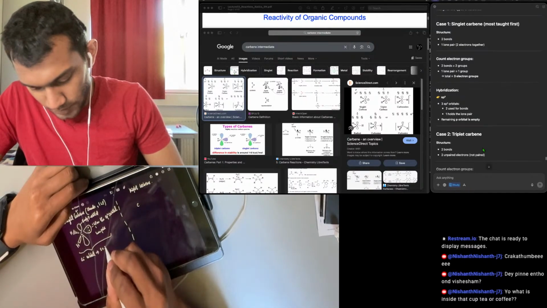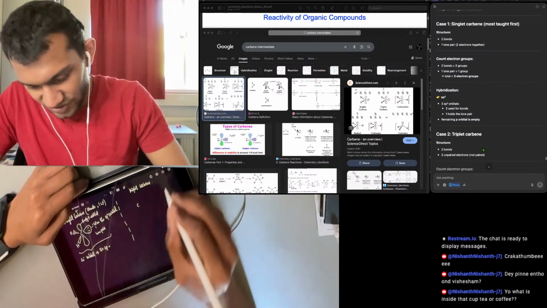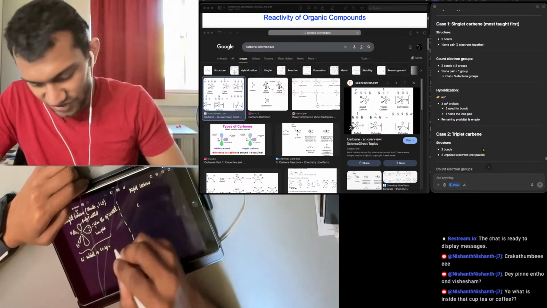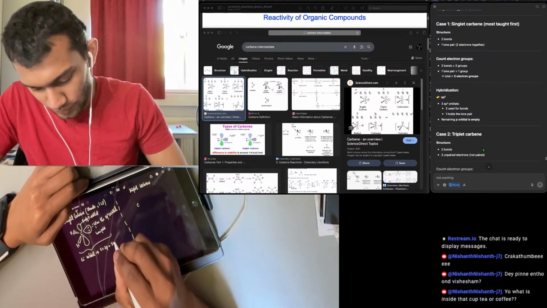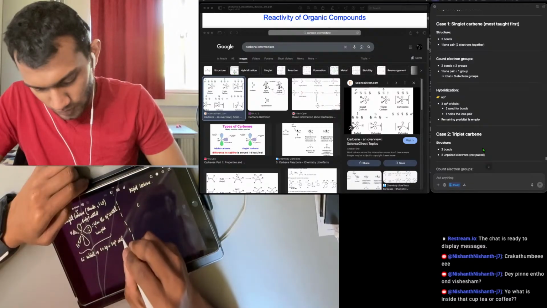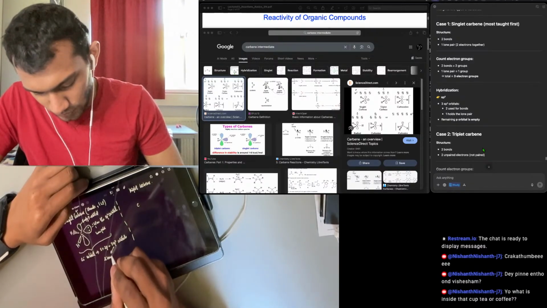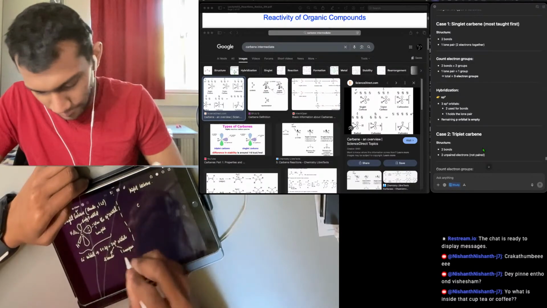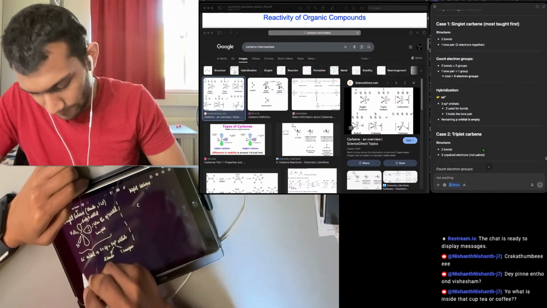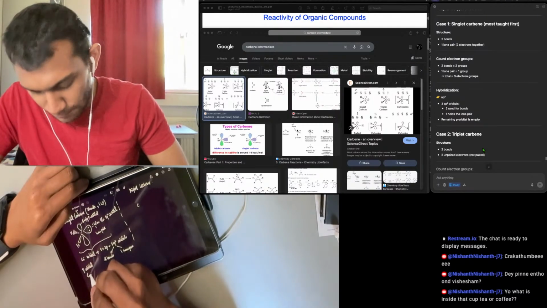S plus 2p. 3 sp2 orbitals, 2 bonds, 1 lone pair. p orbital empty.